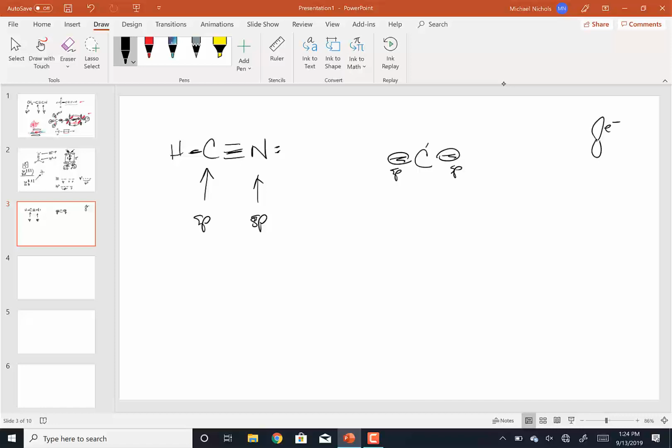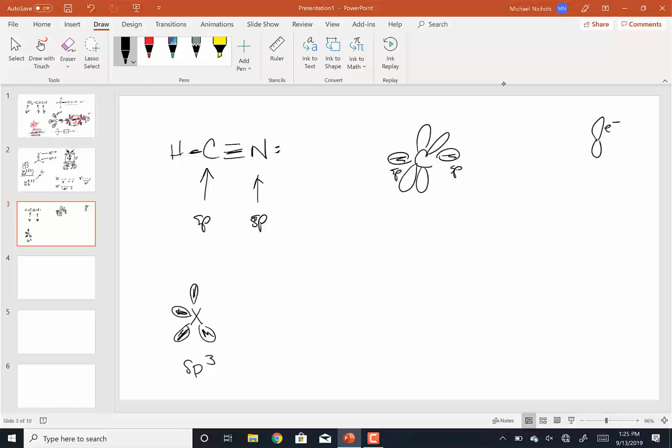So it's going to have to go like this. Sometimes I'll do this. X. X is any atom. There's an sp3 hybridized atom. All 4 hybrid orbitals.